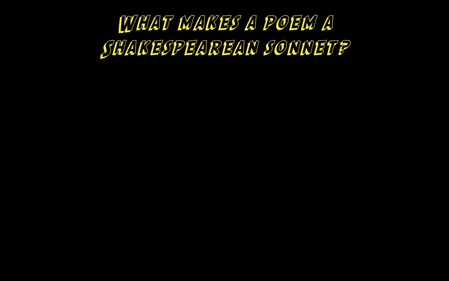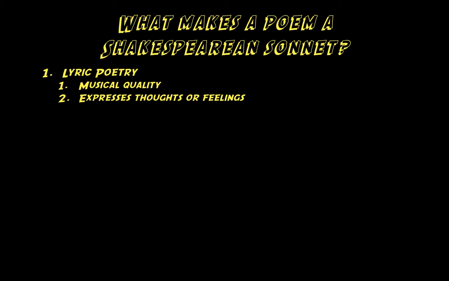All right, let's take that a little bit further by going through and reviewing right now. What makes a poem a Shakespearean sonnet? First off, it's a type of lyric poetry. That means that it has a musical quality. It also expresses thoughts or feelings. Second, it has a very particular formatting. There are no spaces between stanzas.